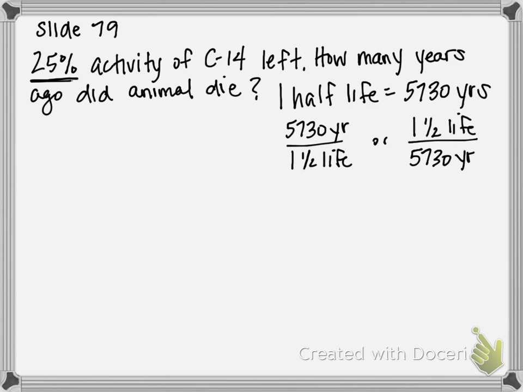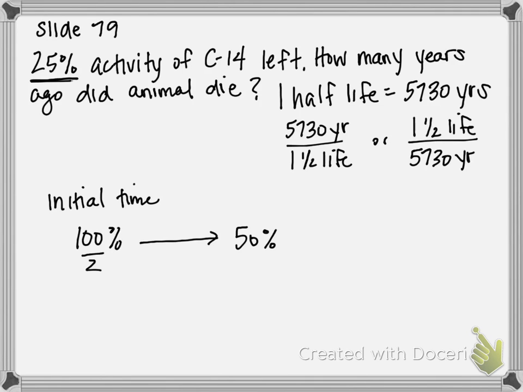So let's say at the initial time of the animal's death, we had 100% of our carbon remaining. And after one half-life passed, 100 divided by 2 gives us 50% left. So that's one half-life passing.